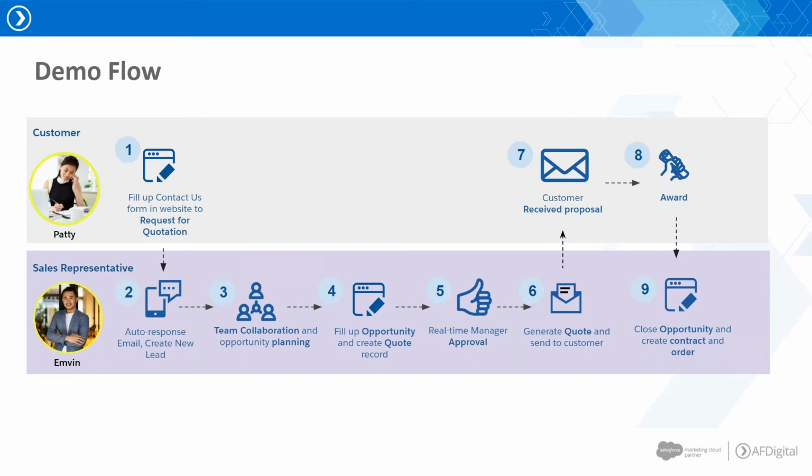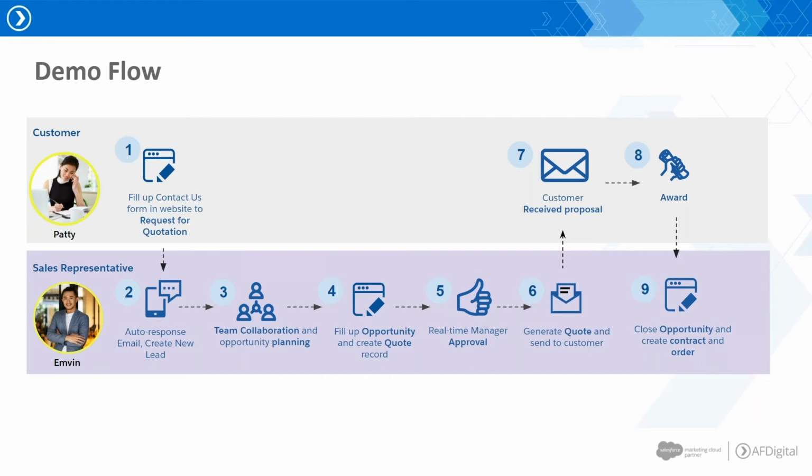When connection has been established between Patty and Mvin, and he can see that Patty has high chance of buying a motorcycle in their company, he converted Patty to accounts and opportunities. Once it was already converted, we've updated the opportunity record.